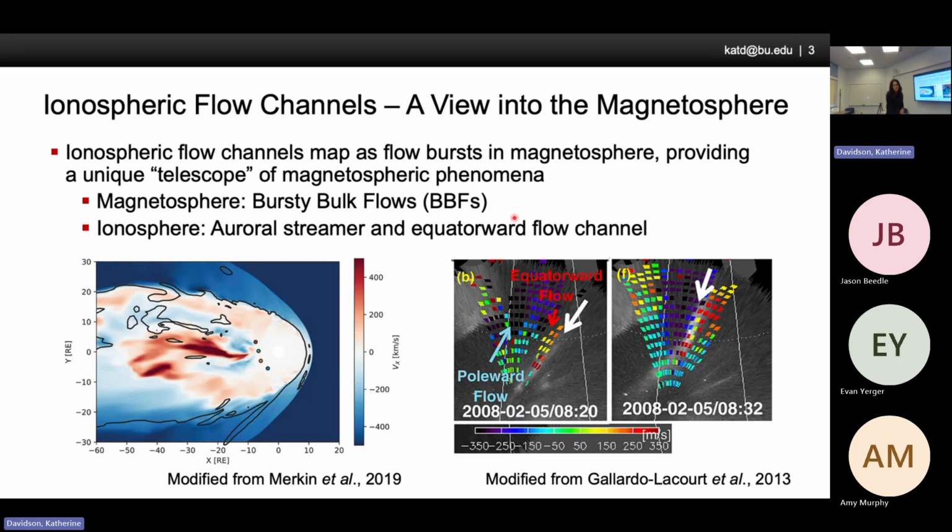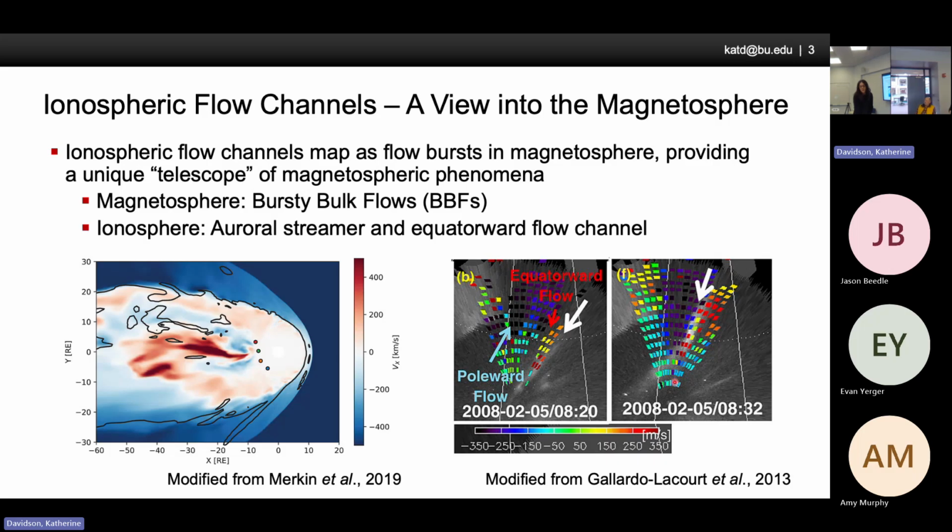The best example of this are bursty bulk flows. Bursty bulk flows are earthward flows in the magnetotail that are very narrow and fast. You can see on the left figure here, this narrow burst of flow in the magnetosphere going towards Earth. And what that looks like in the ionosphere is a streamer.